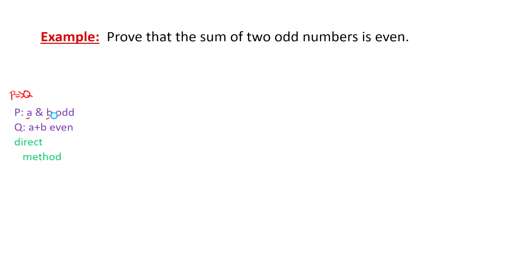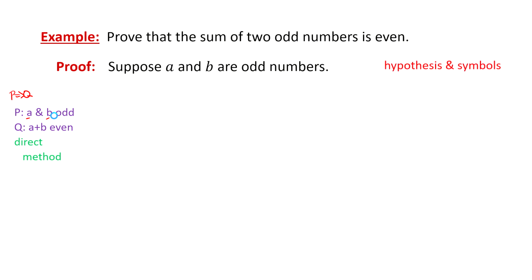So we're going to go ahead and use the direct method here. And remember what we're going to do with the direct method. The very first thing that you do is you start off and restate your if part of your if-then. In other words, you state the given information. So when we state this given information, one of the things that we're going to do is define what symbols we use, because in that first sentence that was thrown in at the beginning, it didn't give you the labels for your 2 odd numbers.